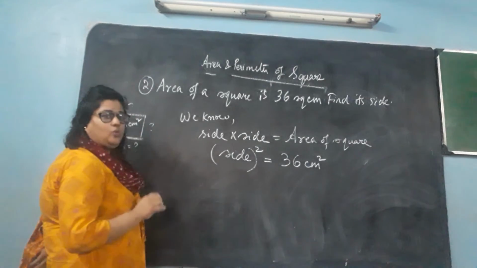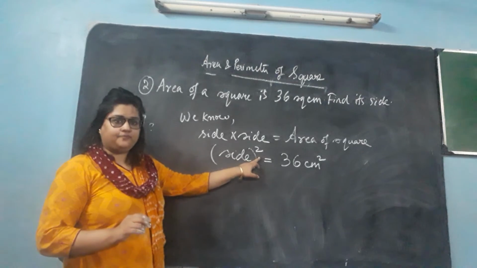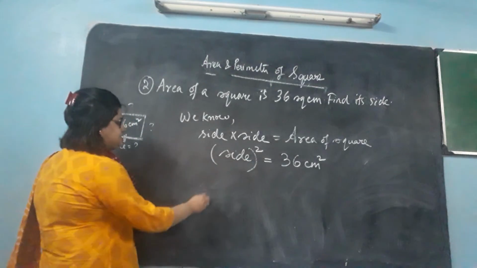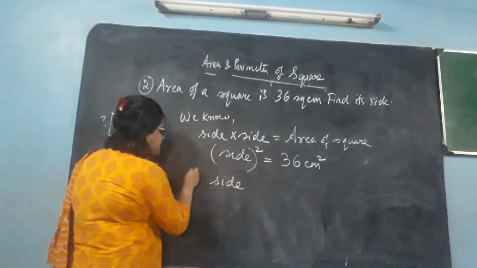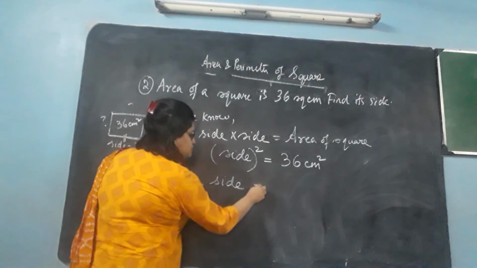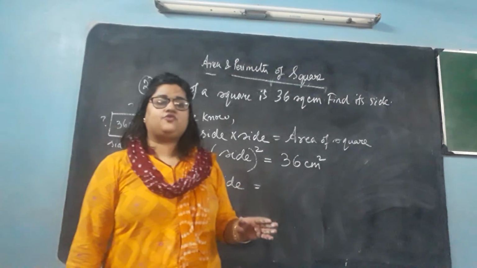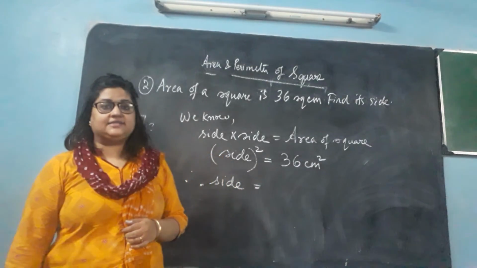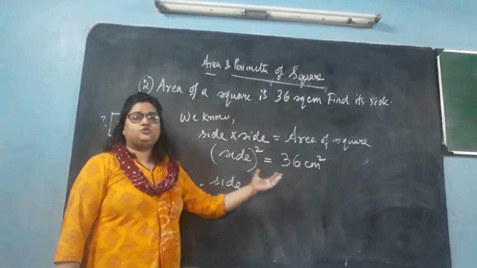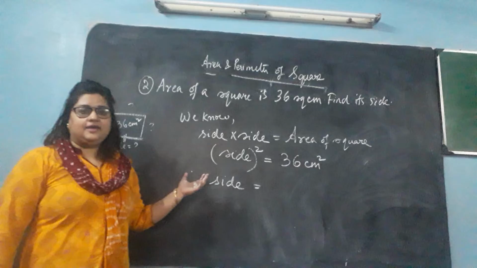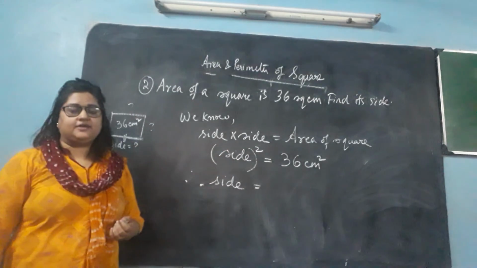Now we want to find the side, we don't want to find the side square. So what happens in the next step? Be very careful, therefore side equals. You all know that when we change things from the left hand side to the right hand side, the sign changes. Suppose anything is added on the left hand side, when you change it becomes subtracted. If anything is multiplied, when you change the side it becomes divided.